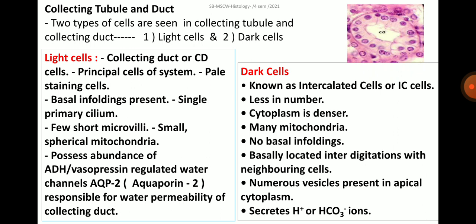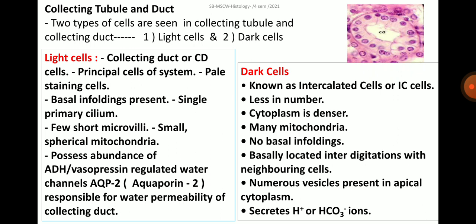Few short microvilli. They have small spherical mitochondria, and they possess an abundance of vasopressin, also known as ADH, antidiuretic hormone, regulated water channels, that is AQP, aquaporin 2, which is responsible for water permeability of the collecting duct.